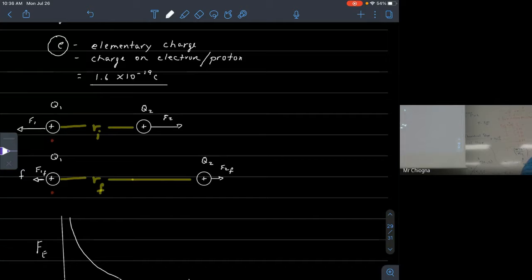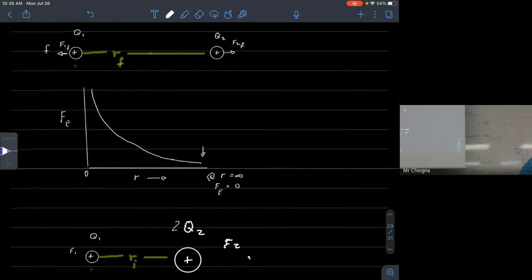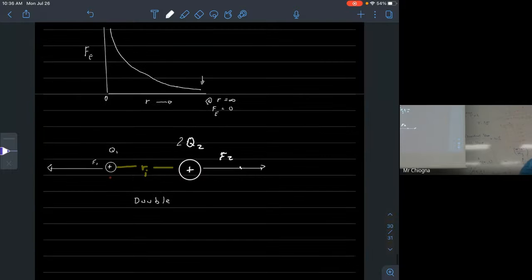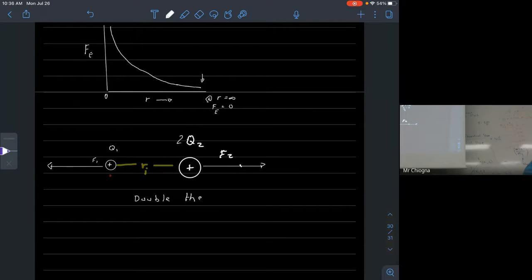This is your original force. Your force would double in size. You double the charge, force doubles. Triple it, force triples.